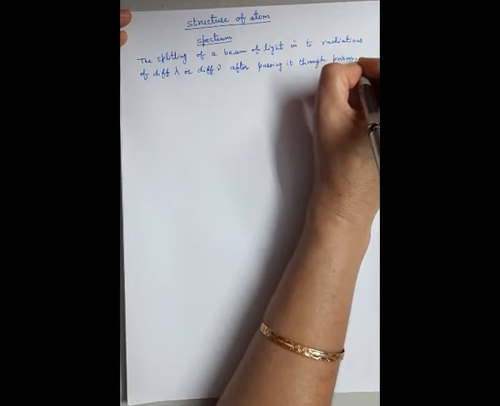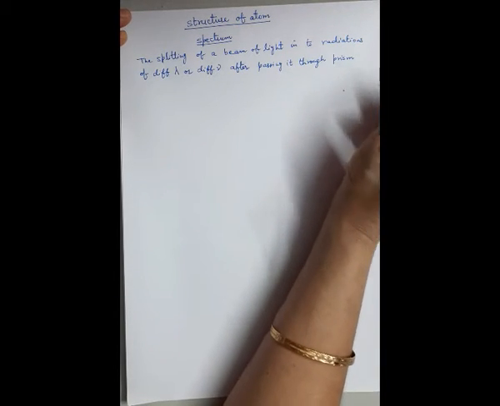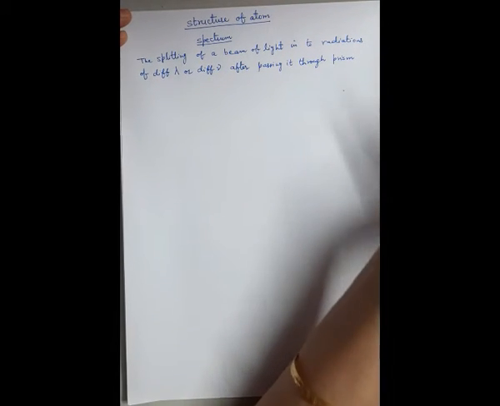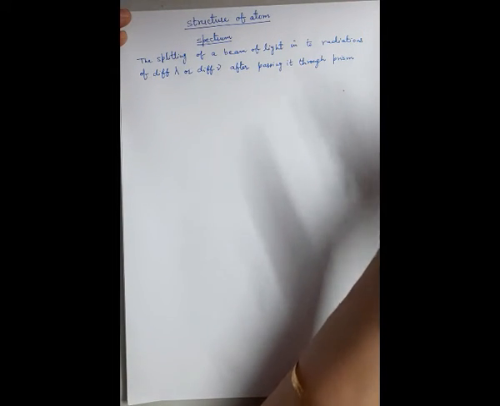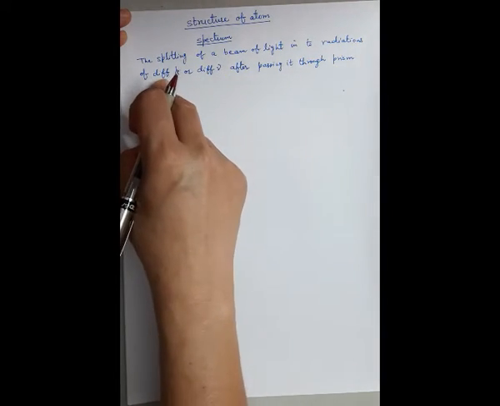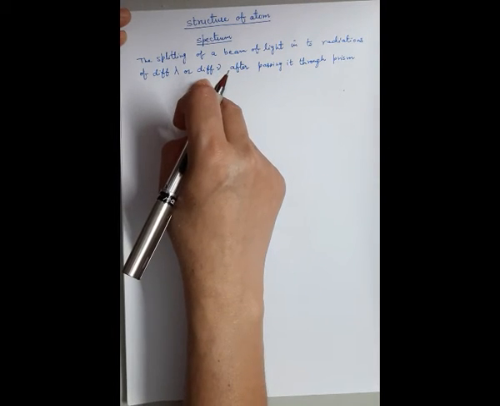In case of rainbow, water droplets are acting as prism, but generally also you might have seen when a white light is passed through prism, it splits into different colors which have different wavelength or different frequency.